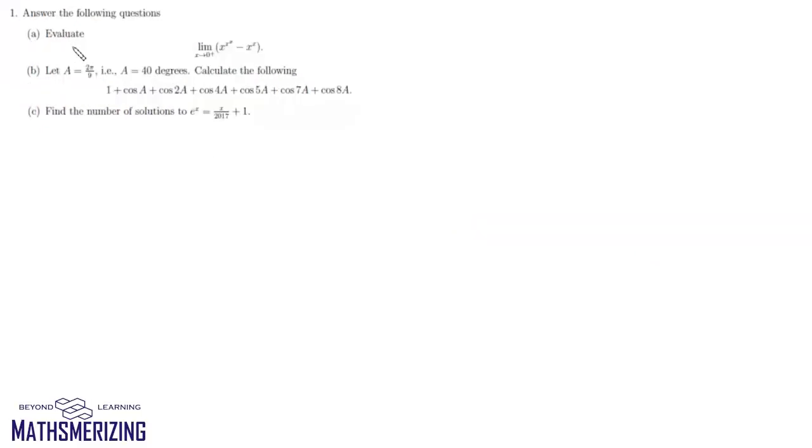Now question number 1 is evaluate this limit. So we are given this limit, which is limit x tends to 0 positive, x to the power x minus x to the power x. Now first we'll separately calculate this limit, which is limit x tends to 0 positive, x to the power x.